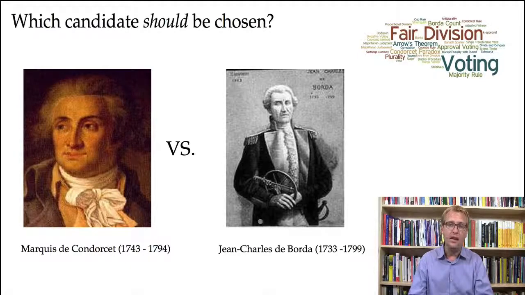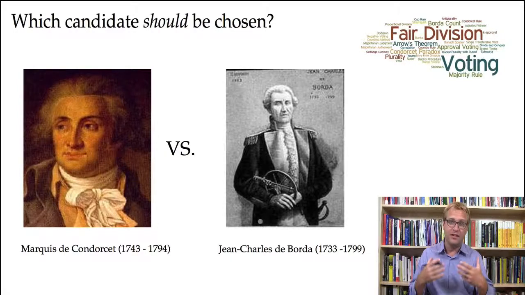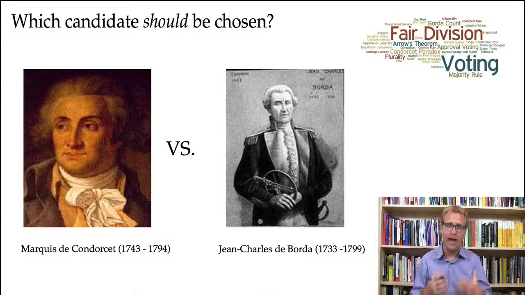We can view the debate they had that started modern voting theory as being a debate about which of the two candidates, Bob or Charles, should be declared the winner of the election. Which of the two candidates best reflects what it is that society actually wants? So let's look at their two arguments.